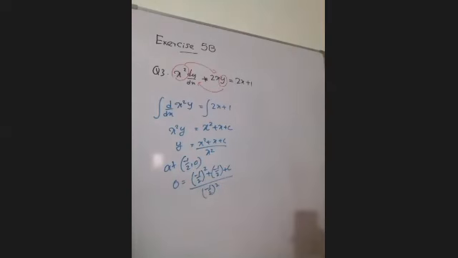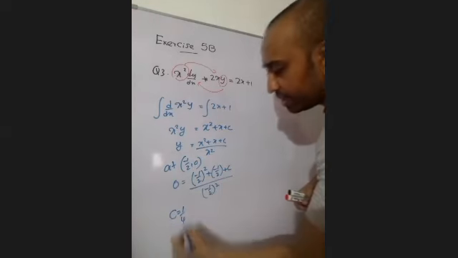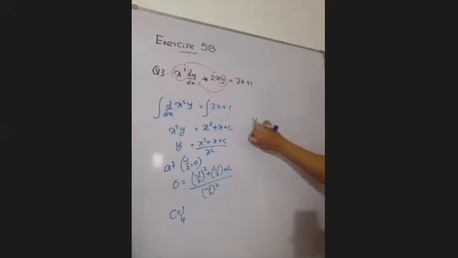If you work this out, c equals to 1 over 4. With that you can write the equation: y equals to x squared over x squared is 1, plus x over x squared is 1 over x, plus c is 1 over 4, over x squared, plus 1 over 4x squared. That is the final answer for this. That's the way of doing this question.